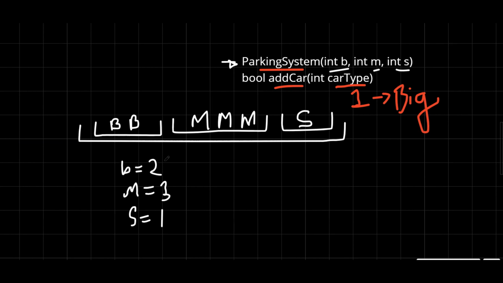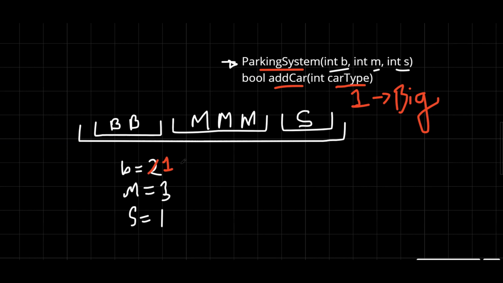Initially we have seen that the value of B is 2. That means we can place two big cars here. So if we park this single big car, the value of B will become 1 and we have to return true because we have placed this big car.